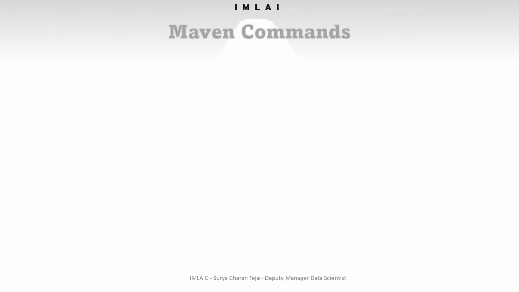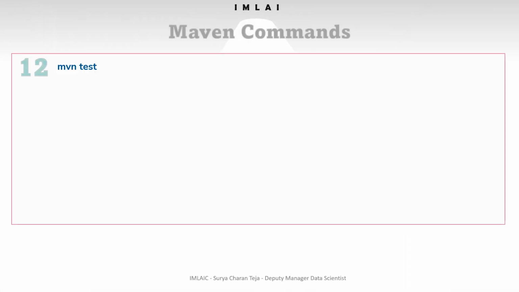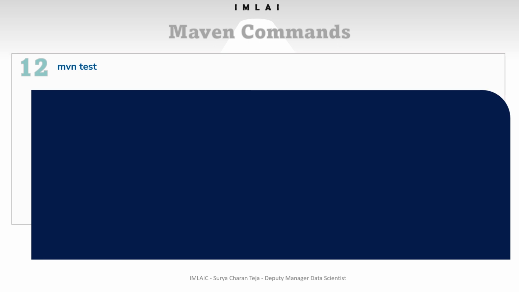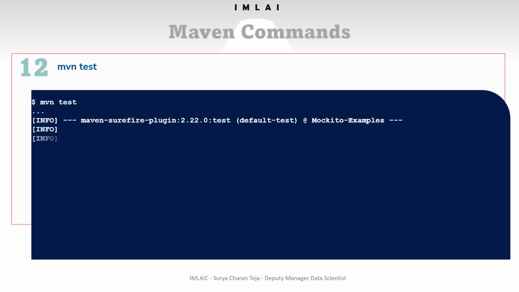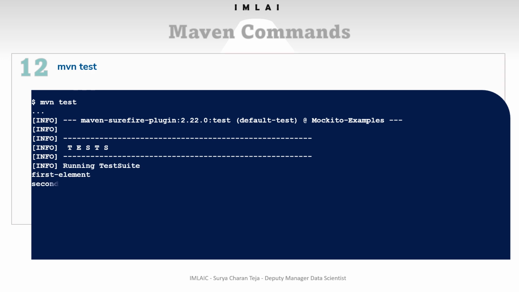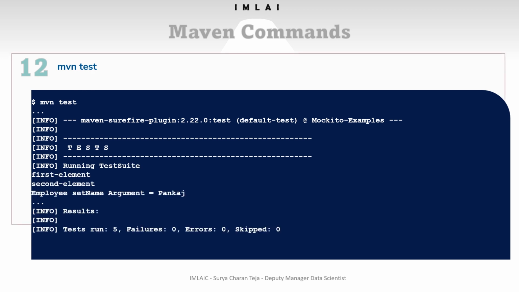Then the most important one, mvn test. This command is used to run the test cases of the project using the Maven Surefire plugin. Basically, the test cases should be placed in the test directory, in the nested test subdirectory. There we have to place the test cases of the Java application. I have shown it to you in our previous example.